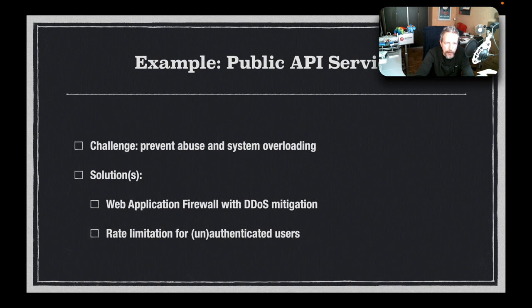So the first solution would be that you implement an application firewall with denial of service mitigation to actually prevent your system from being hammered by bots that are doing all kinds of nasty stuff. But then you also want to have rate limitation for authenticated or unauthenticated users. For instance, to prevent your site scraping or collecting all kinds of information from your APIs.